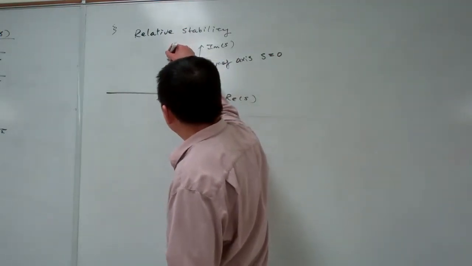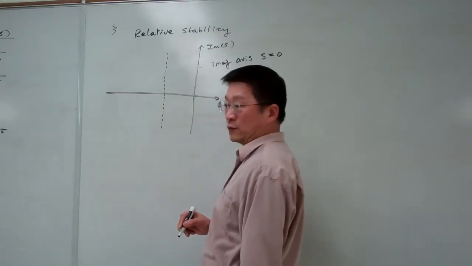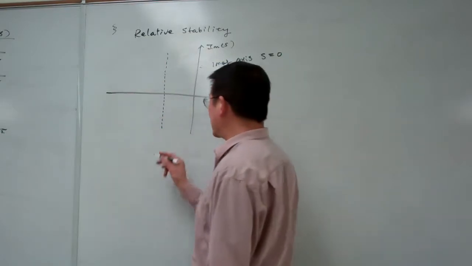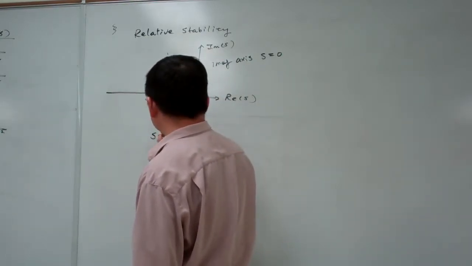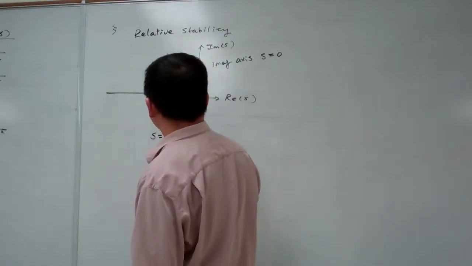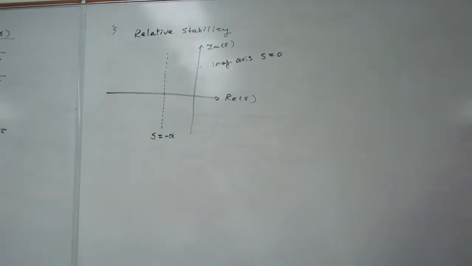Are we able to tell whether a system has all the poles to the left of this line? This line is described by, say, s equal to minus alpha.